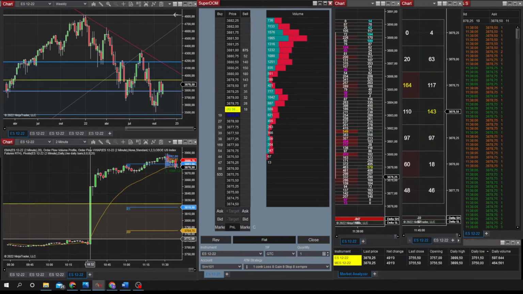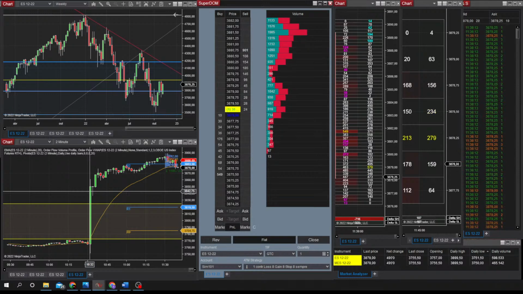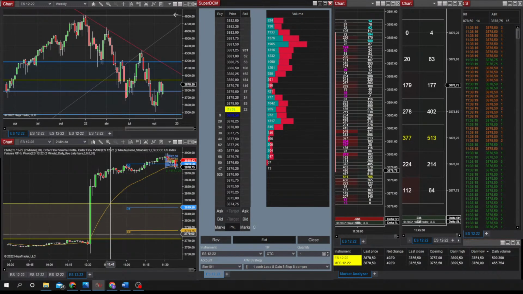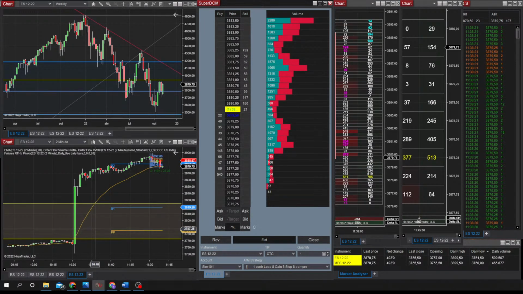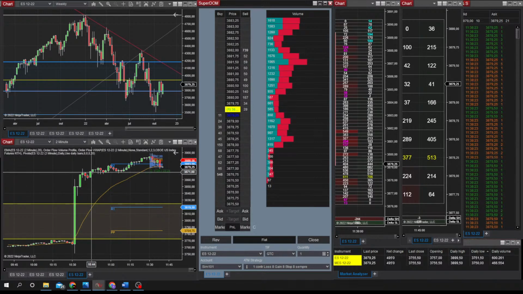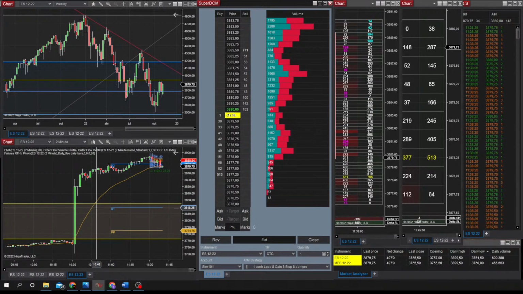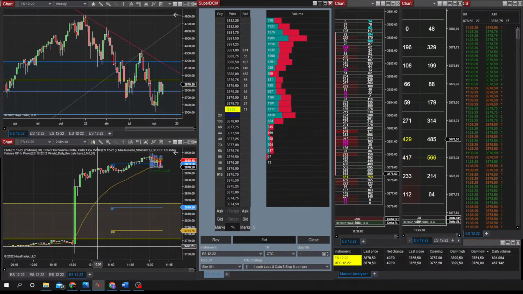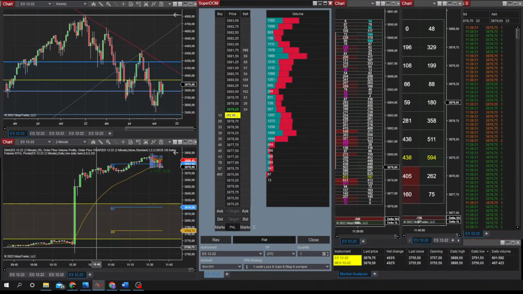We could see here this huge bar in the 2 minute chart by the time of the release of the CPI. This was at the pre-market, but it's not unusual to see a huge reaction in the pre-market, and then in the regular session, we can see a complete reversal.